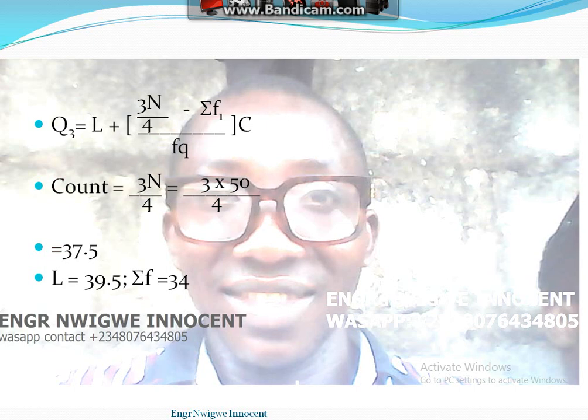The median frequency is 9. The class difference is equal to 10. Therefore, the upper quartile is equal to 39.5 plus, in brackets, you substitute the value, that is 37.5 minus 34, all over 9 times 10.